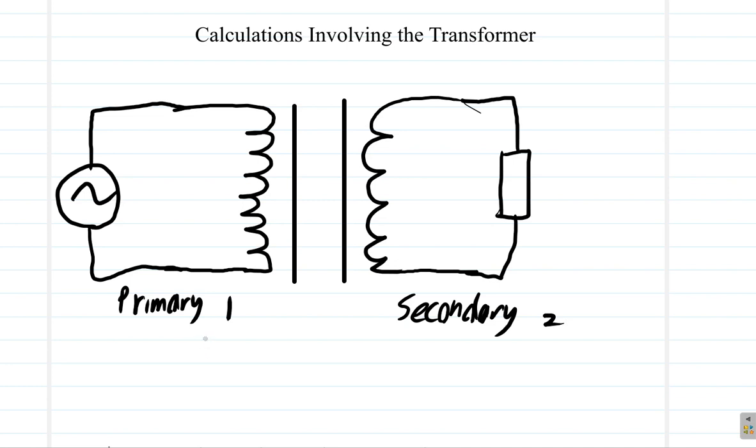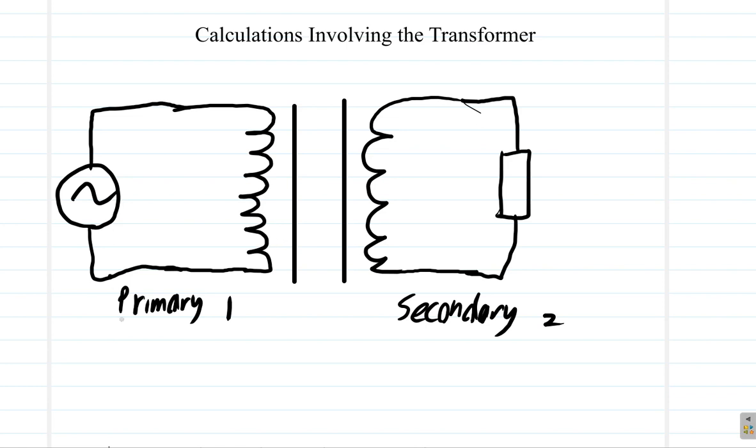Now, you have a magnetic flux around a conductor anytime you have current flow through the conductor. Alright?